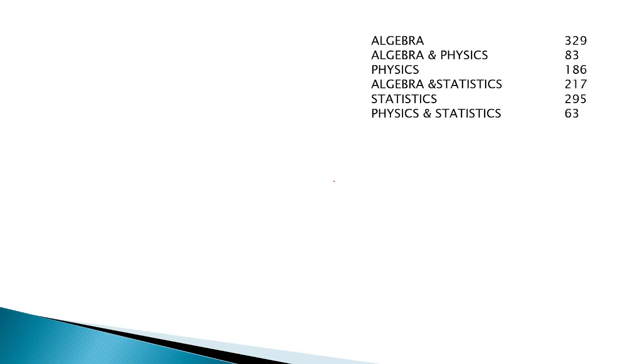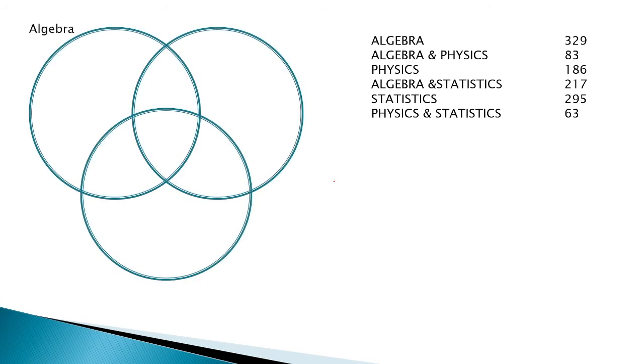So, 3 circles tayo: 1 for algebra, 1 for physics, and 1 for statistics. Now, we have portion at which nag-intersect lahat ng tatlong subsets natin, because there's a possibility na yung sa 500 students na yon, 3 subjects yung meron sila. Now, how do we solve this?